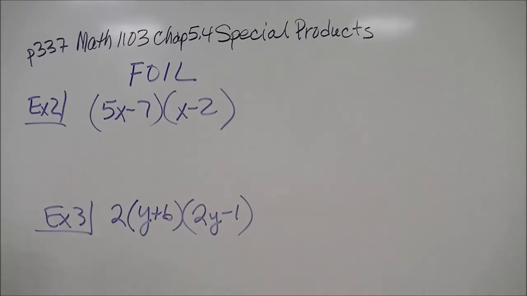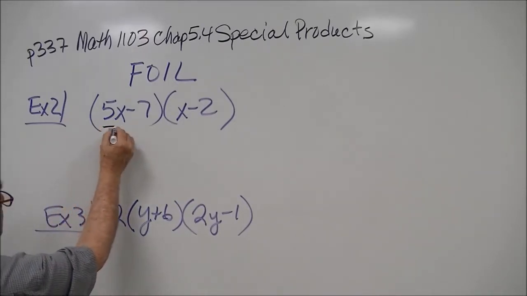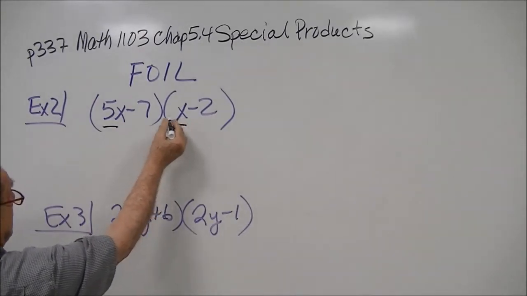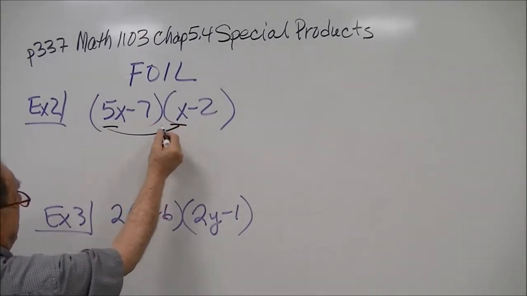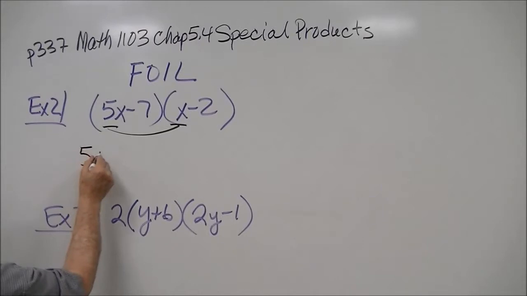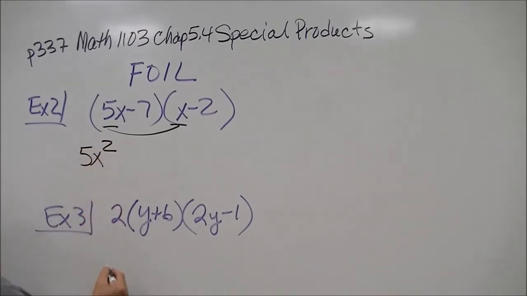Now in these next two examples, remember we're going to do it by FOIL, and I'm not going to be showing you every little step like we did before, but when we multiply our first terms, we sometimes just go like that. That gives us a 5x squared.